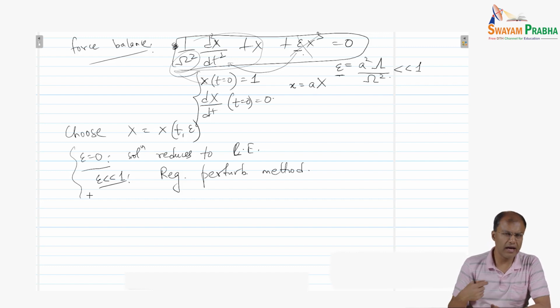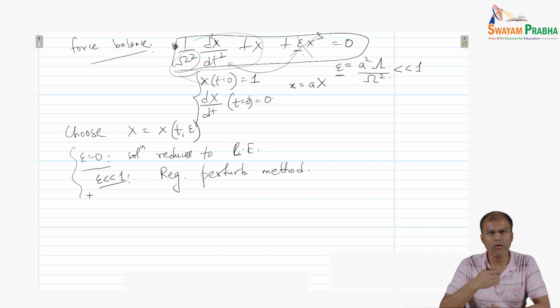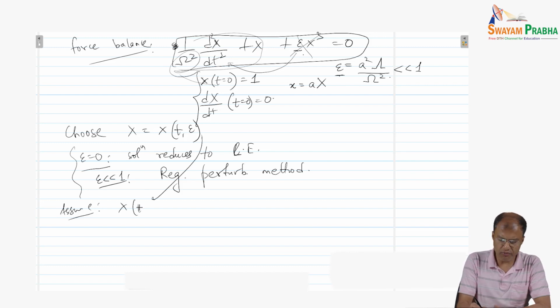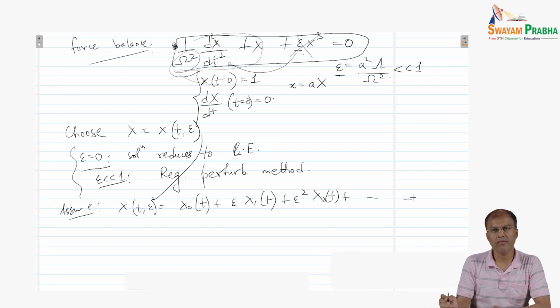Okay, so then I've just mentioned when to use regular perturbation, so I'm not writing that statement. I'm going to directly start expressing the form of the solution in regular perturbation. So what we have is, assume that my solution x of t comma epsilon is of the form x0 of t plus epsilon x1 of t plus epsilon square x2 of t, and so on.